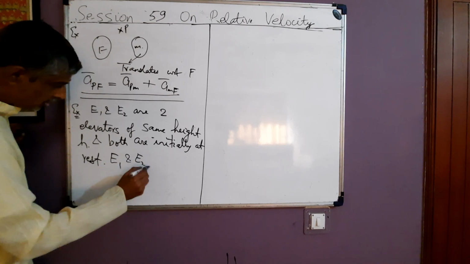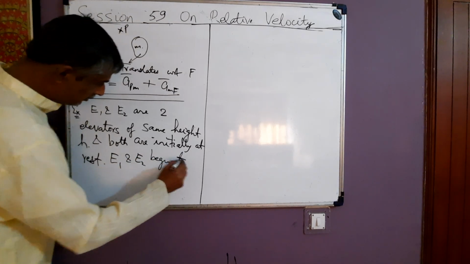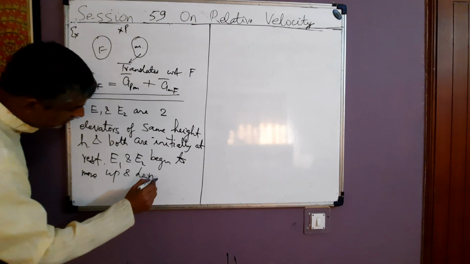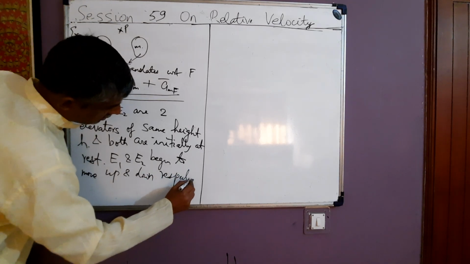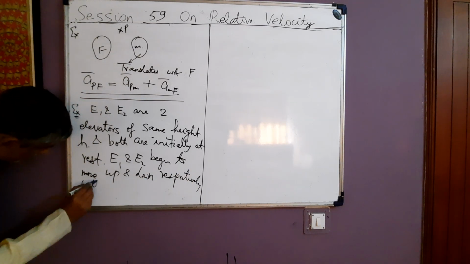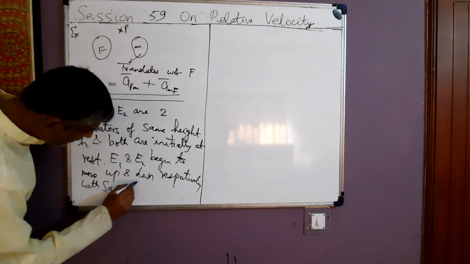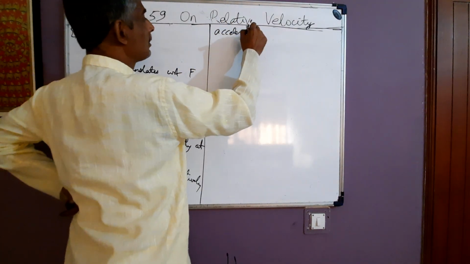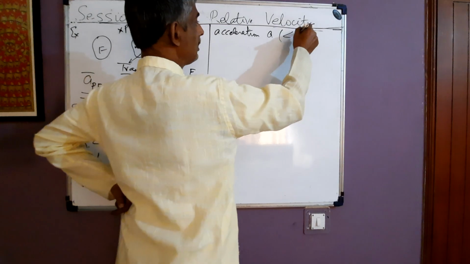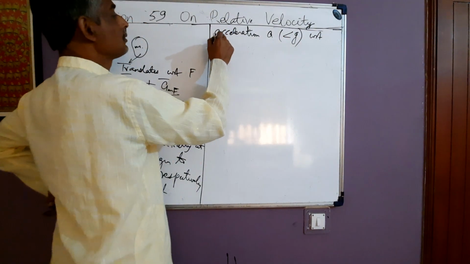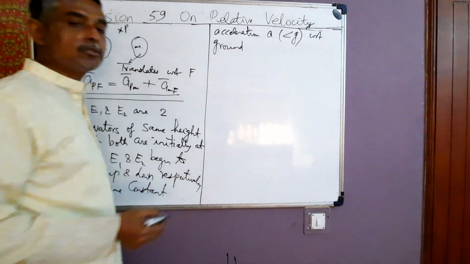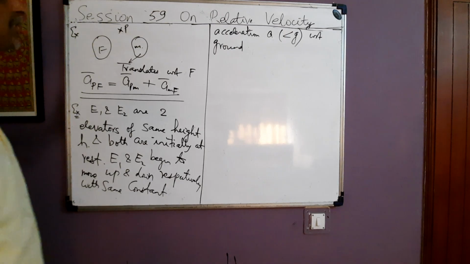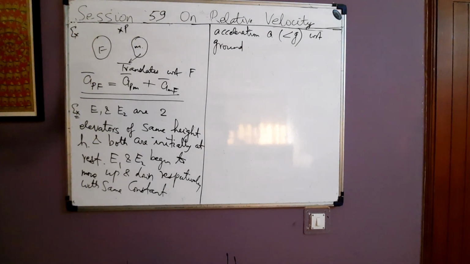E1 and E2 begin to move up and down respectively with the same constant acceleration A, less than g, with respect to ground.